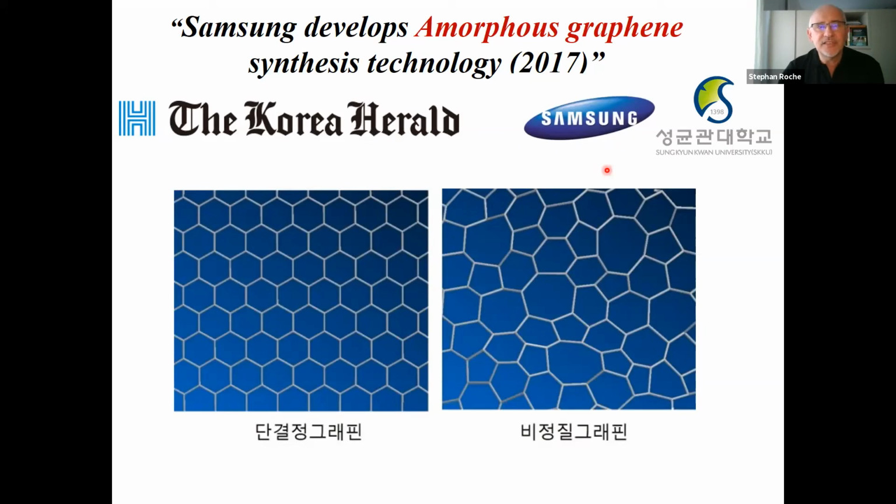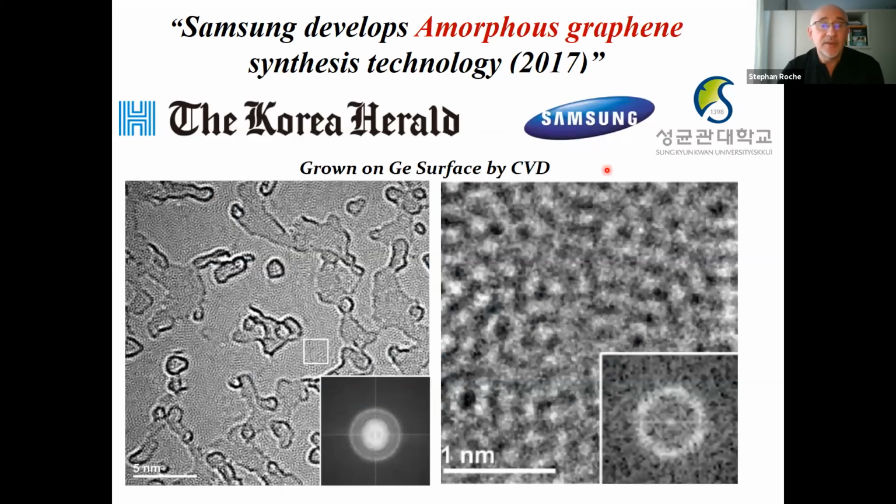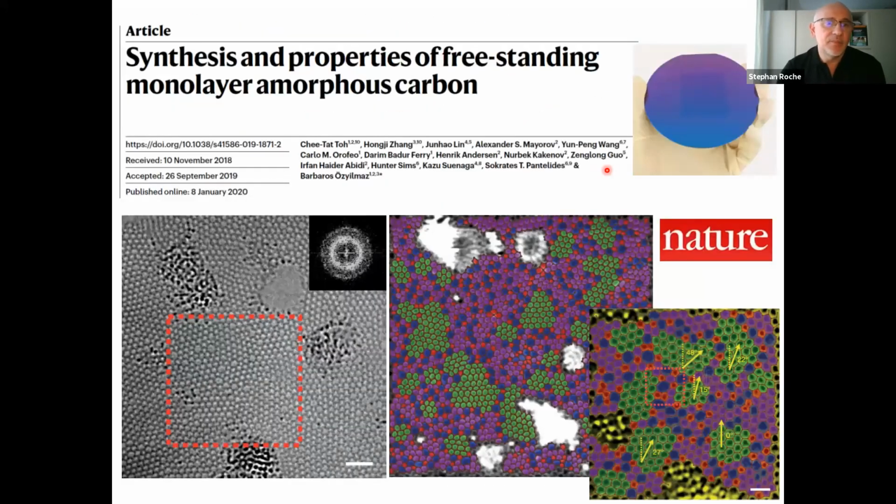In 2017, Samsung and co-workers at SKKU reported the fabrication of a kind of amorphous graphene, and just a few years ago in Singapore at NUS, there was the first wafer scale fabrication of this really amorphous sp2 membrane.